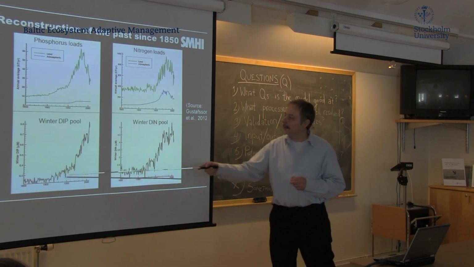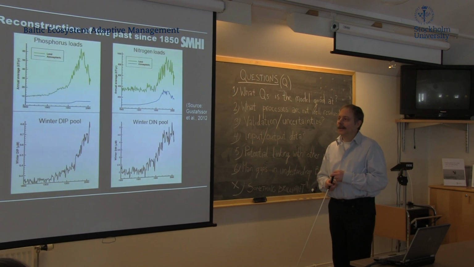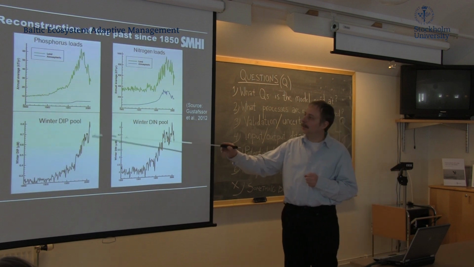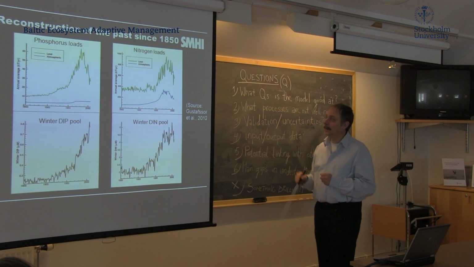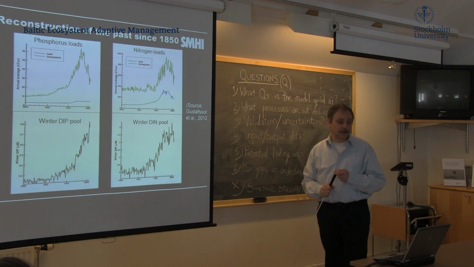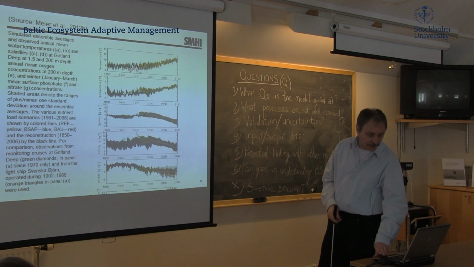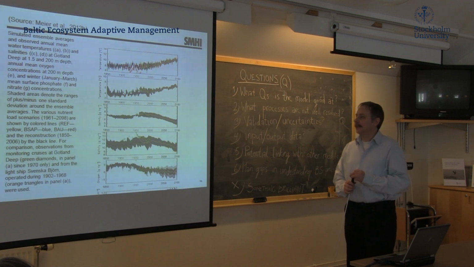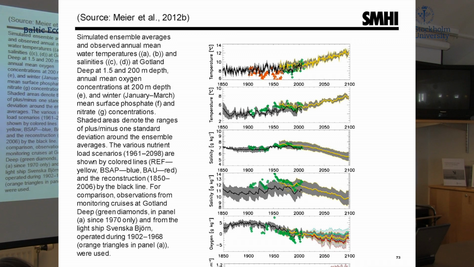And here in the lower two panels we see the winter DIP and DIN pools in the Baltic Sea. So it's going up and it's not following immediately the reduction in the loads. So what are the models doing? We tried to show this in these panels. It's a little bit messy because there is a lot of different information.